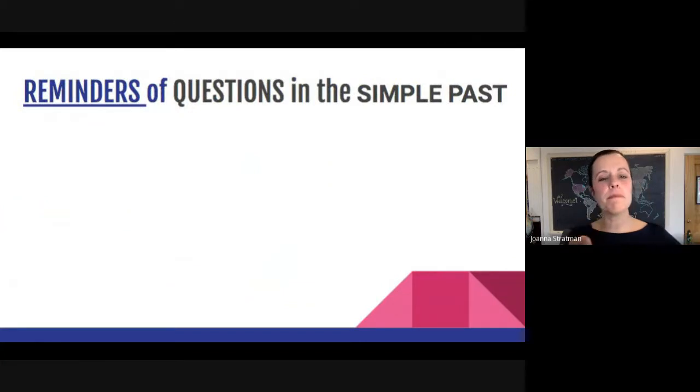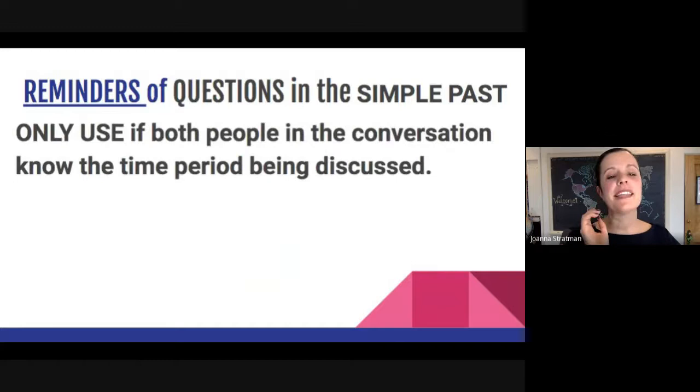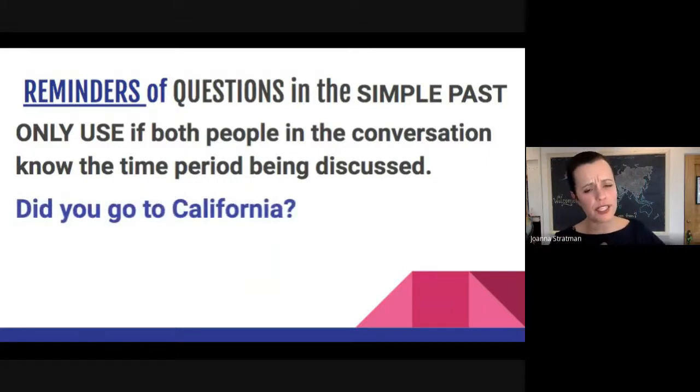So, some reminders of questions in the simple past is that we only use this if both people in the conversation know the time period being discussed. For example, if we are talking about last summer, the summer of 2021, I can ask you, did you go to California?